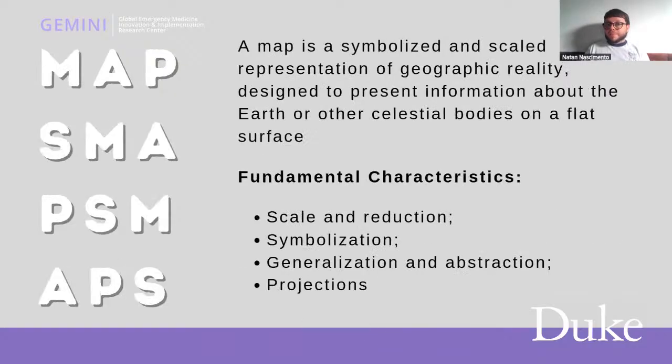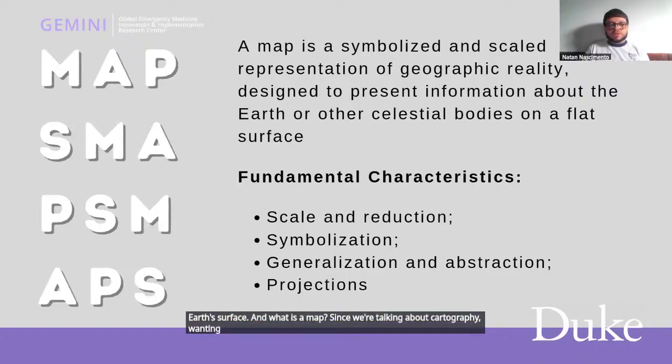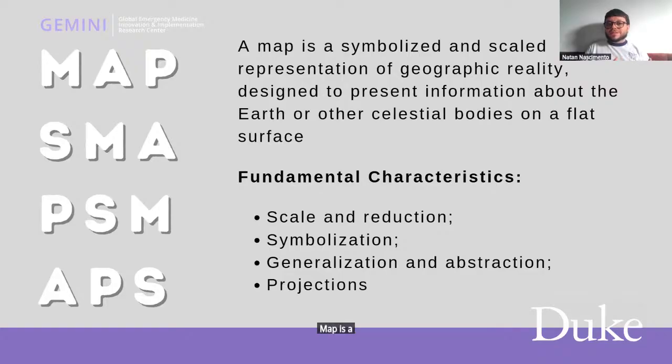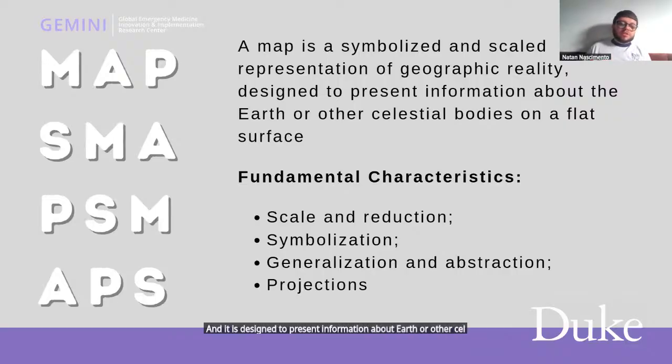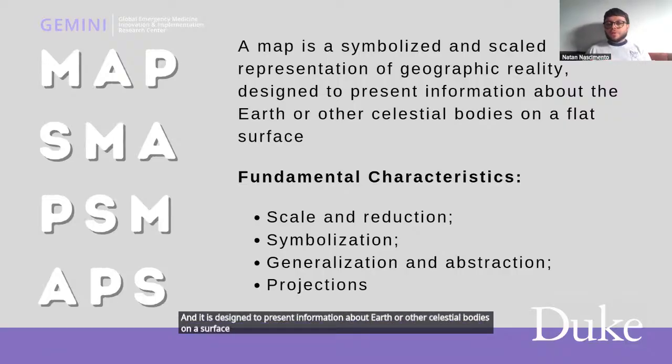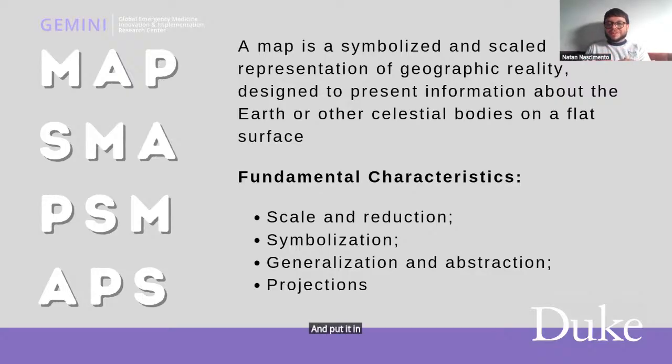And what is a map? Since we're talking about cartography, wanting to create maps, a map is a symbolized and scaled representation of a geographic reality. And it is designed to present information about Earth or other celestial bodies on a surface. So what we want to do in a map is to get a piece of information about the geographic reality and put it on a flat surface.